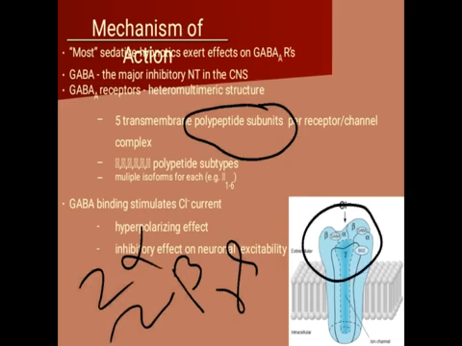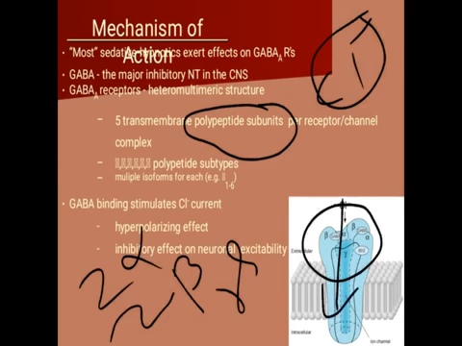This GABA receptor includes the chloride ion channel. So when the GABA receptor gets activated, the chloride channel opens, and chloride enters into the cell from outside the cell, or from the extracellular part. In this way, the chloride enters into the cell through the GABA receptor.